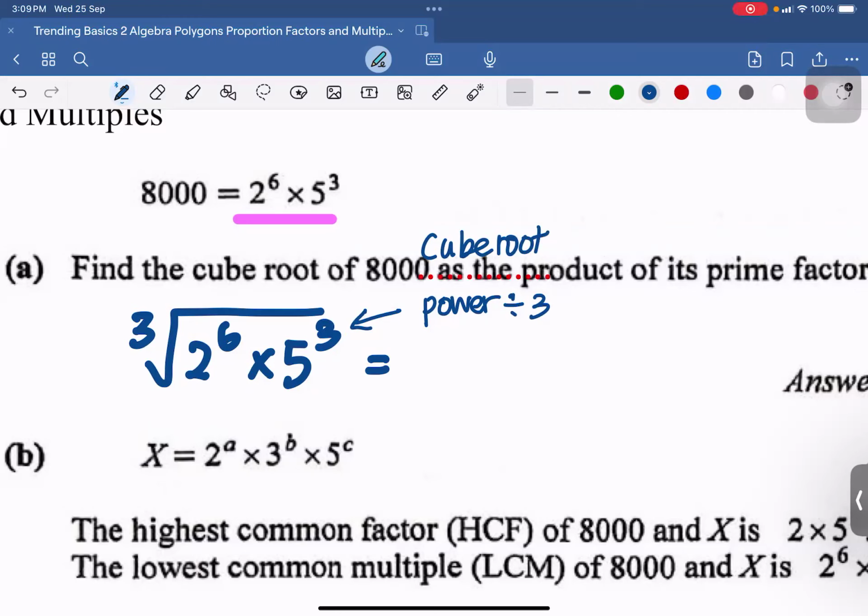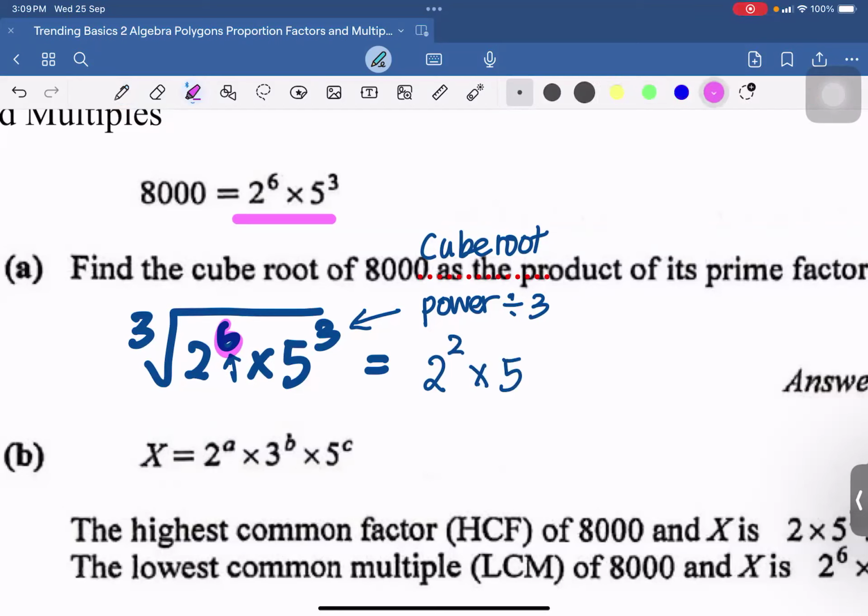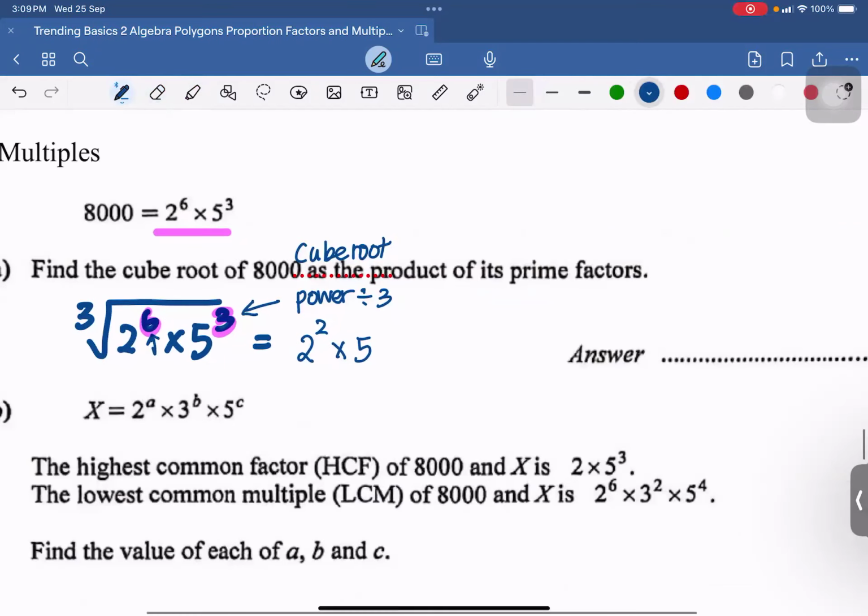So this will be 2 to the power of 6 divided by 3, which becomes the power 2, times 5 to the power of 3 divided by 3, which leaves the power 1, and that is actually no need to write. They say write the answer as a product of its prime factors: 2 squared times 5.